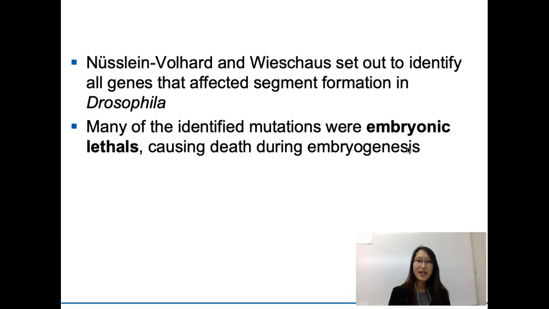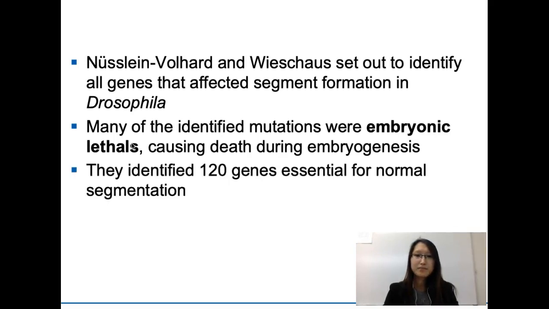So if you have mutations in these crucial homeotic genes that determine the body pattern, then it's often embryonic lethal, which means the embryo itself will die, and this fruit fly will not even be born. So a miscarriage will happen. I don't know if that's what you call it in fruit flies, but you get the idea.